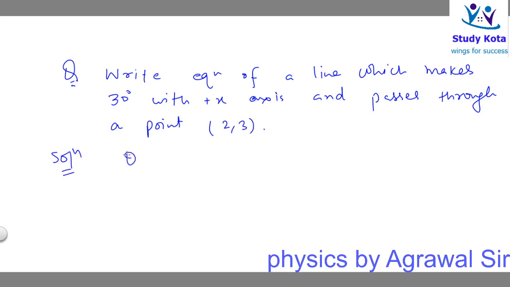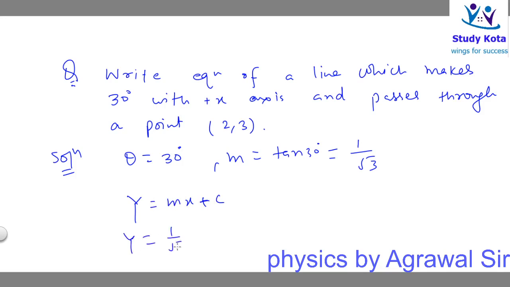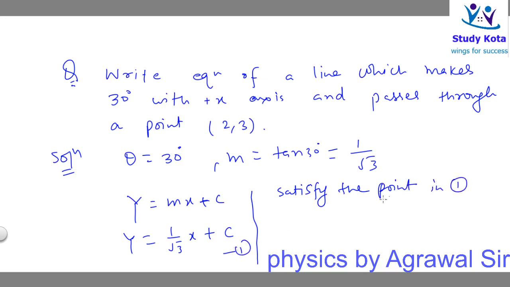30 degrees with positive x means you have to take theta equal to 30, then m you will find is tan 30, that is 1 by root 3. So y equal to mx plus c, you can write y equal to 1 by root 3 x plus c. But here we also have to find the value of c. So satisfy the point in equation 1.